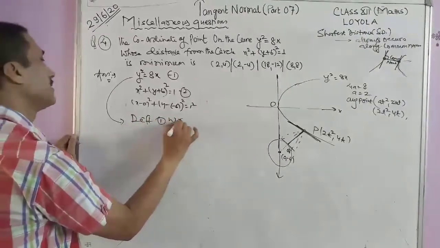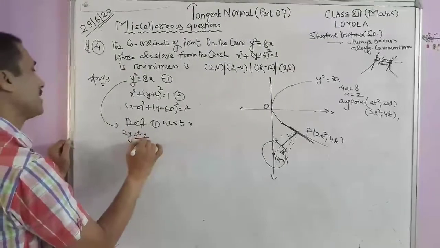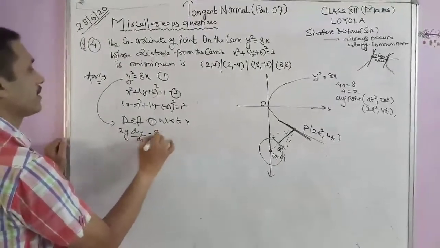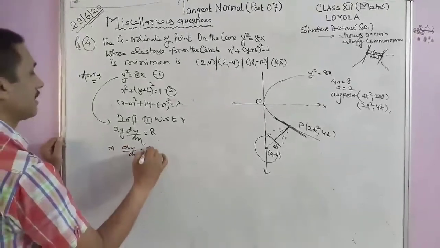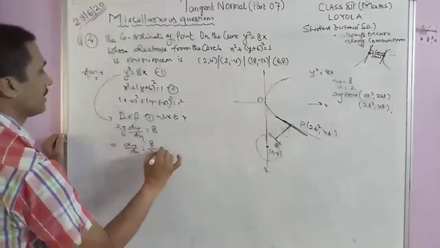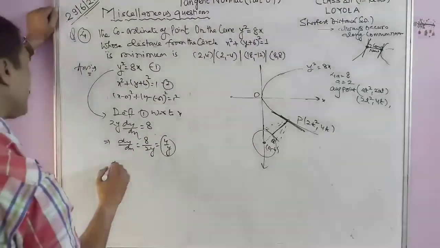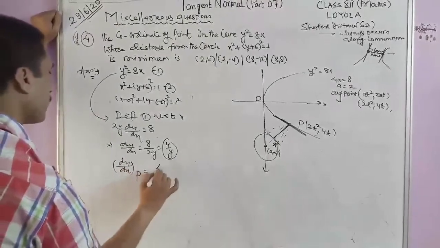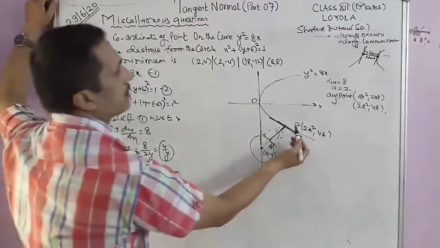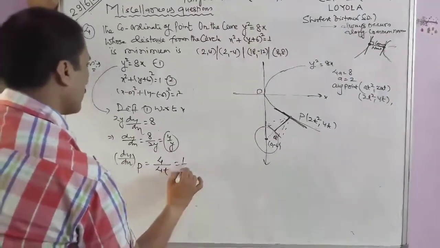So first of all we differentiate with respect to x. 2y dy by dx equal to 8. So dy by dx equal to 8 upon 2y, that is 4 upon y. So dy by dx at point P is 4 upon y. Here the y coordinate of point P is 4t, so it is 1 by t.